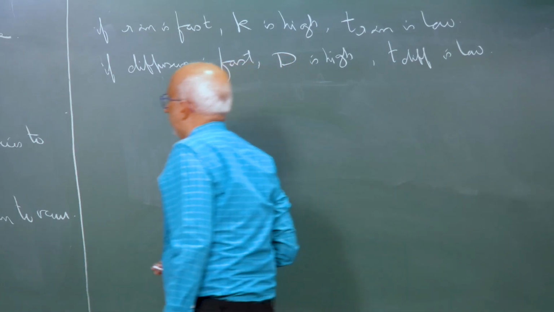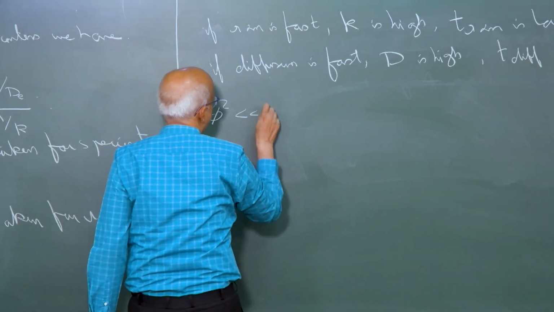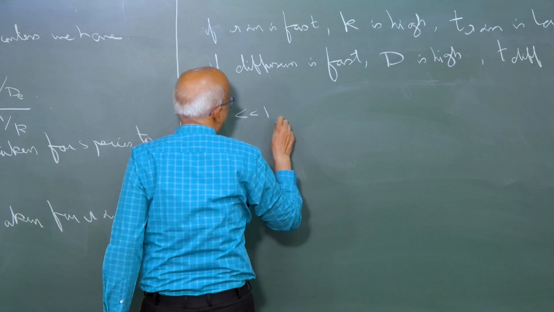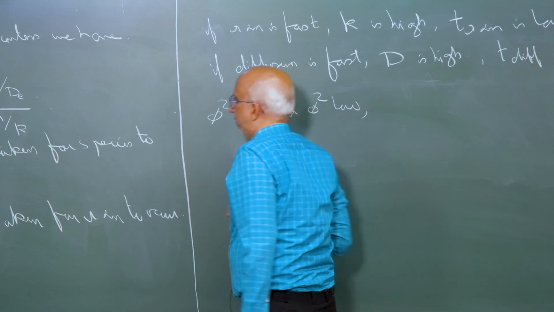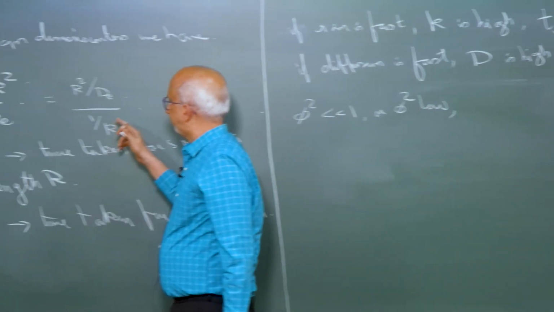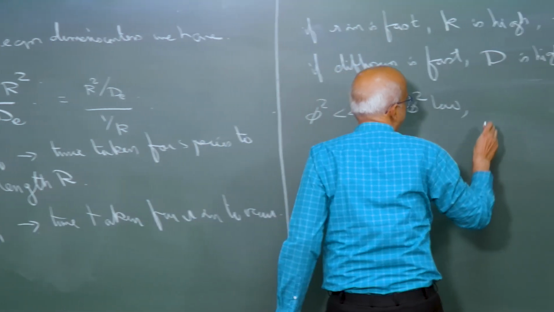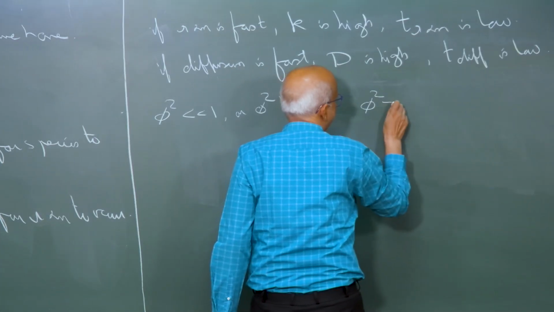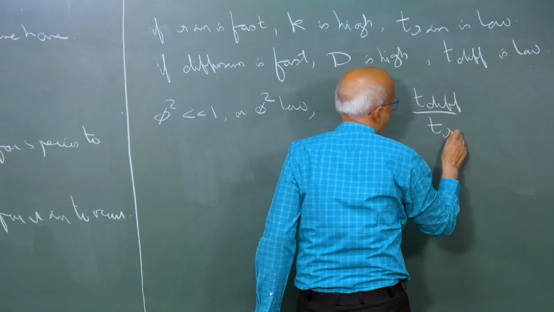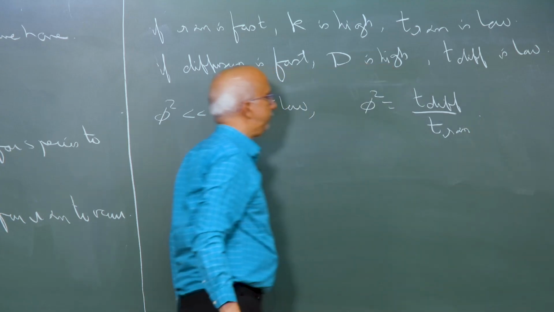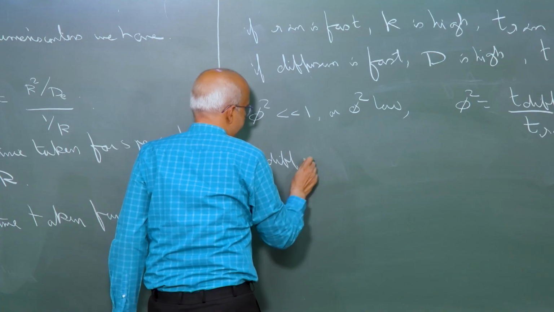So, now if I look at phi squared being very much less than 1, or phi squared low, what do I mean by that? I can look at phi square as T diffusion divided by T reaction. That means T diffusion is low.